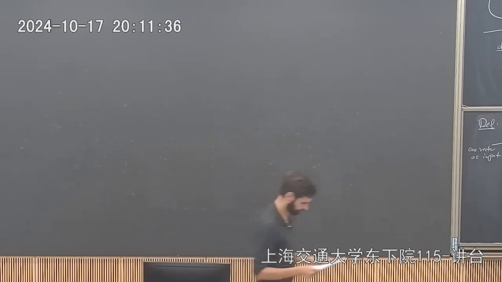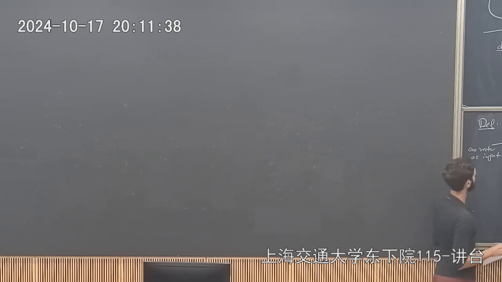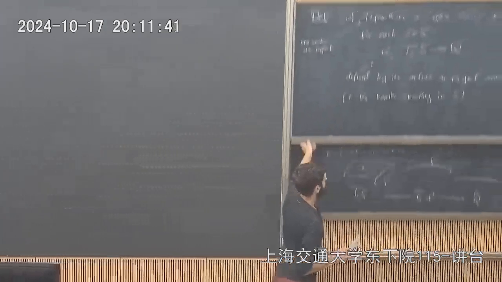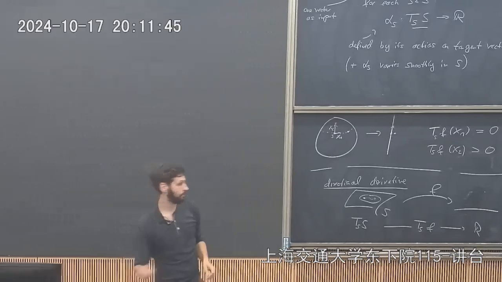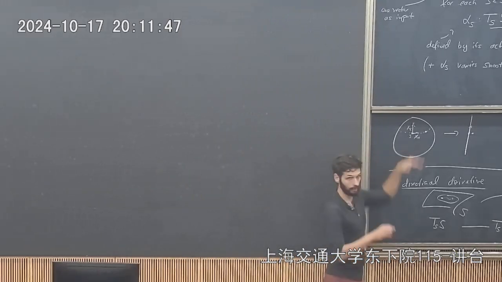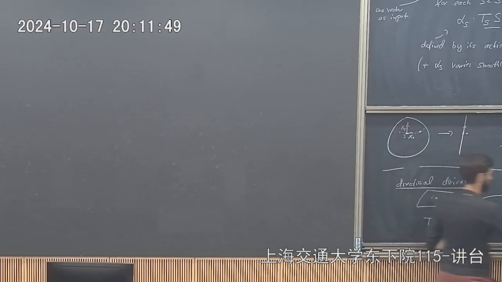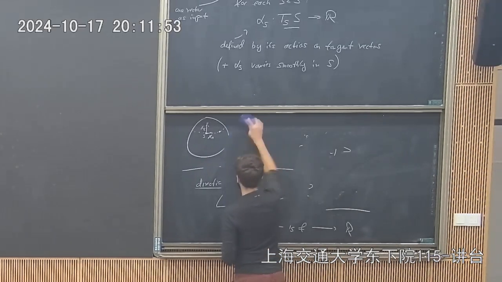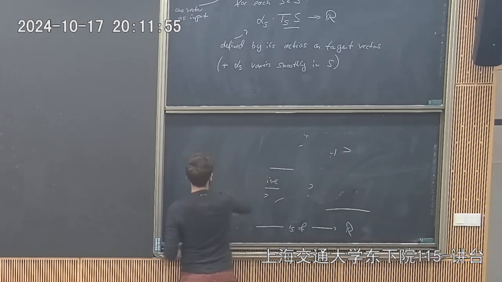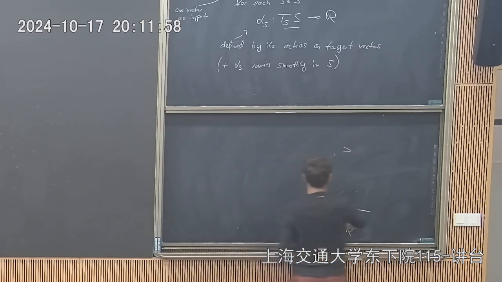Okay. So we know that we can visualize tangent vectors very nicely by just having arrows, right? So we can visualize tangent vectors as arrows, but what is the visualization of a differential form?